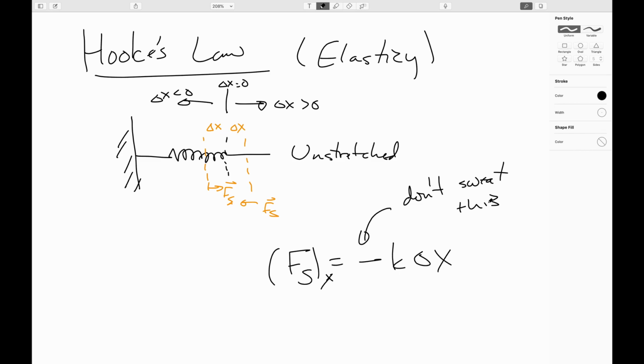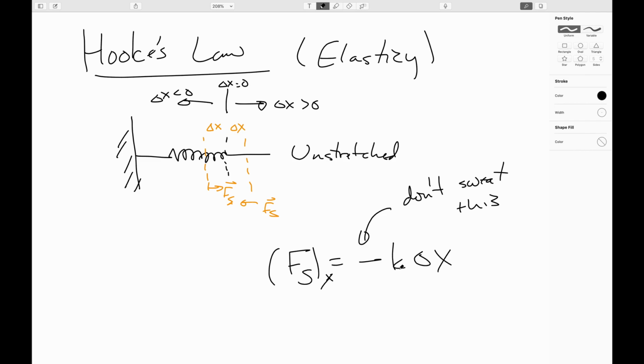But what this is taking into account is if I stretch the spring, so I pull it to the right here, delta x is positive, but the minus sign means I'm pointing to the left. And if I compress it here, delta x is negative, but the minus sign makes it positive, so the force is to the right. So this minus sign is here to bake the direction into the cake.